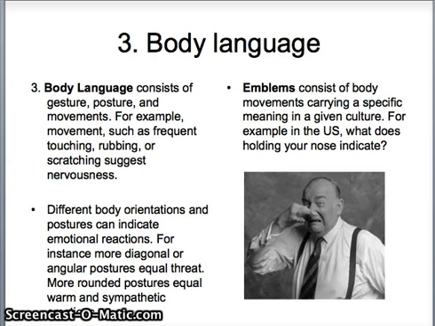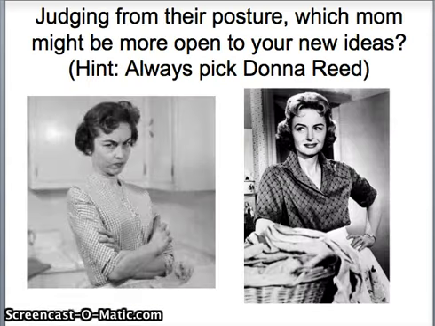For example, if you were going to ask your mom for something and you wanted her to be open to your new ideas, would you want your mom to look like the mom on the left or the mom on the right? The mom on the left has a very closed posture, arms tight in, face sort of compressed, the body sort of compressed.